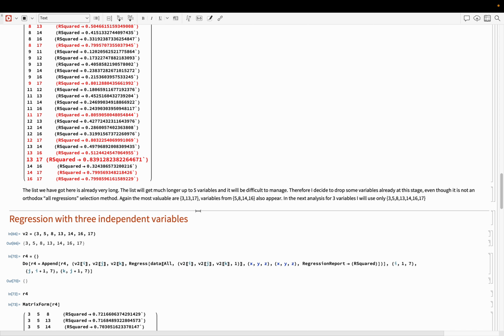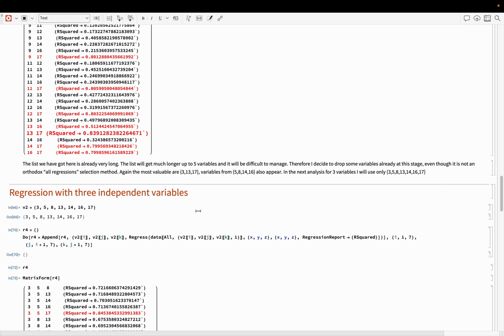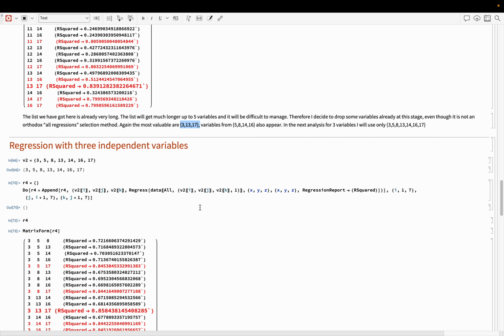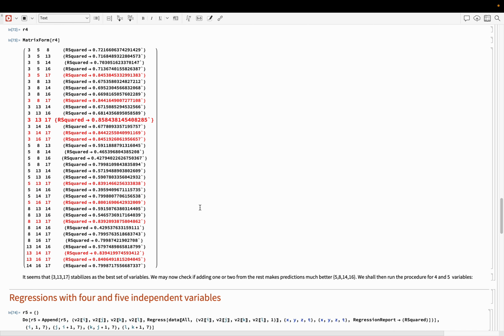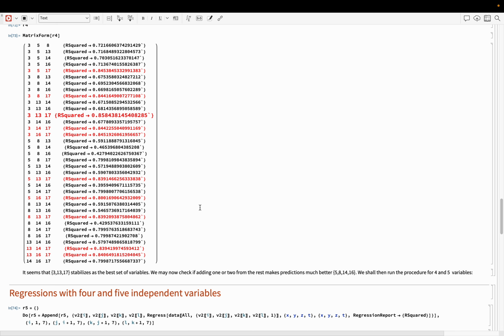But before that, we do regression with 3 independent variables. What I really expect is that this will be the best set at this stage of the selection process. So let us see. So now this table is not that big because I restricted.